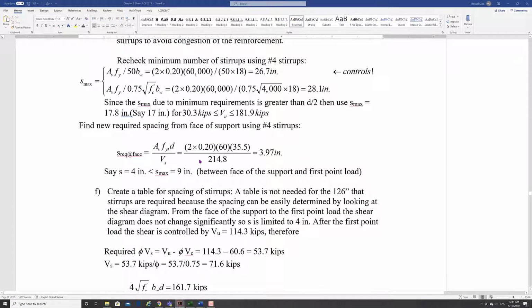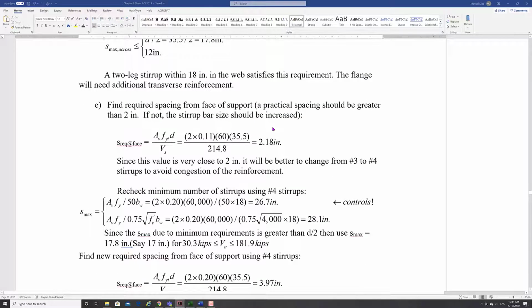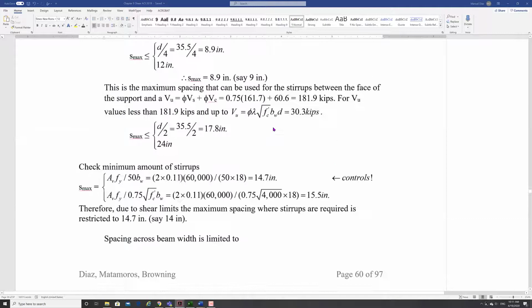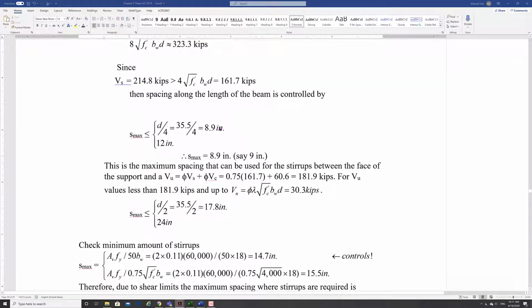When I use the number 4, I get a spacing of 3.97. That's pretty close. I said 4. Okay, so I'm going to use 4. You want conservative, you can do 3. This value of 4 is less than the maximum that we found of 8.9, right?